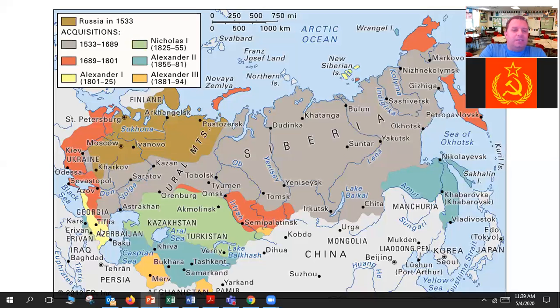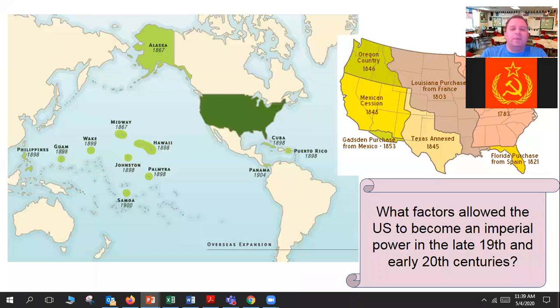By 1825, they've added the yellow. 1855, they've added the green. 1881, they've added the blue, and then by 1894, they've added the orange. So you can see over this almost 350 or so year period, you have Russia greatly expanding its own influence. The United States, same thing.